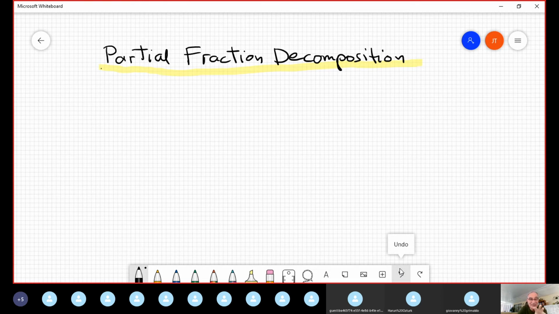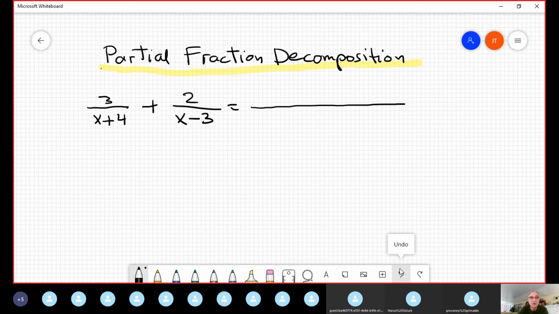Let me try to explain the key idea of the partial fraction decomposition using an elementary example. Next time I'm using one very hard example. Suppose that we have this example. You have two fractions like that. I want to condense this fraction and this fraction into only one.